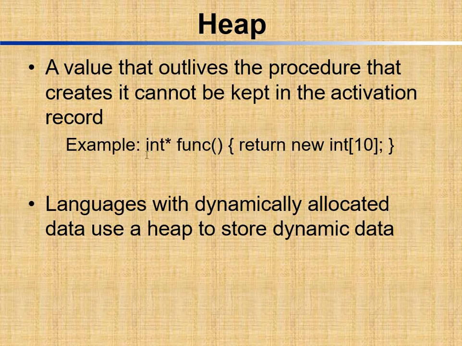We can see one example: we have a pointer function, an integer function, returning one new integer array. So we say that languages with dynamically allocated data use a heap to store dynamic data.